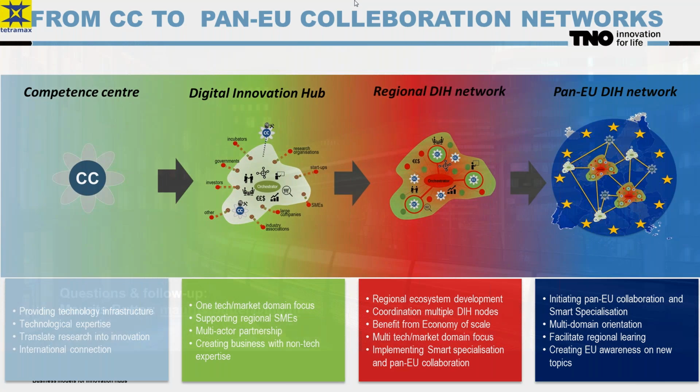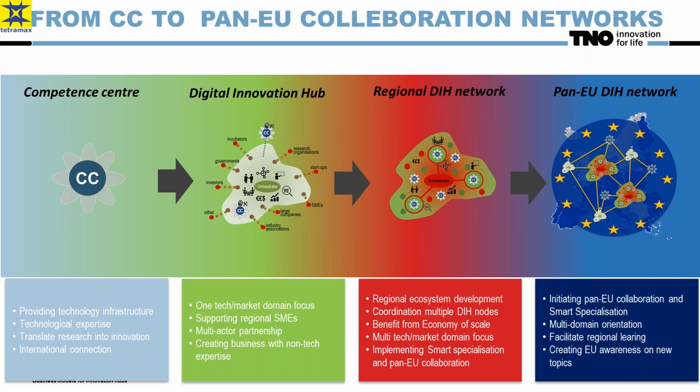A competence center is very much focused on the technological stuff. On top of the technological stuff, the Innovation Hub is adding those business and ecosystem activities. But what is important today is that in a lot of regions, there are digital innovation hubs that want to collaborate on the regional level together with each other.